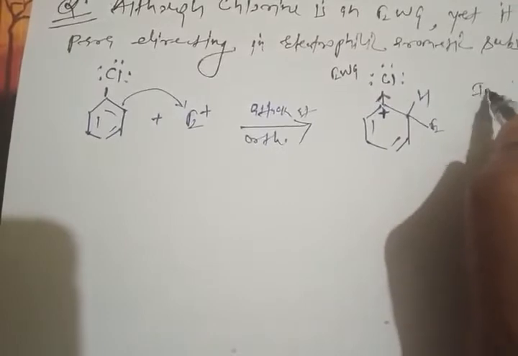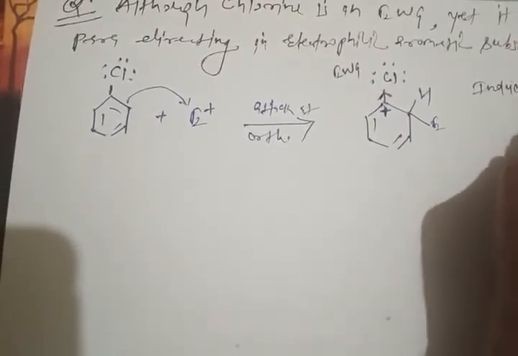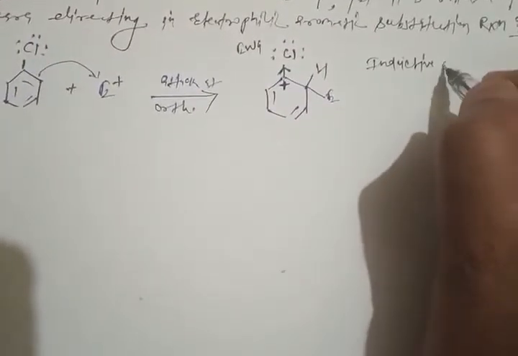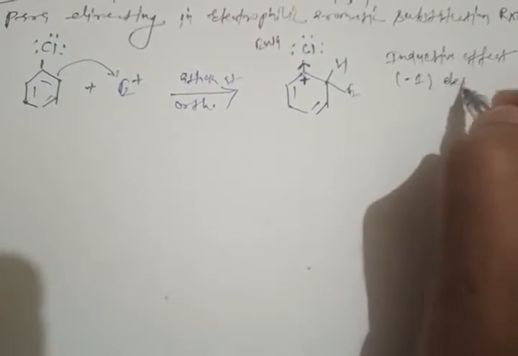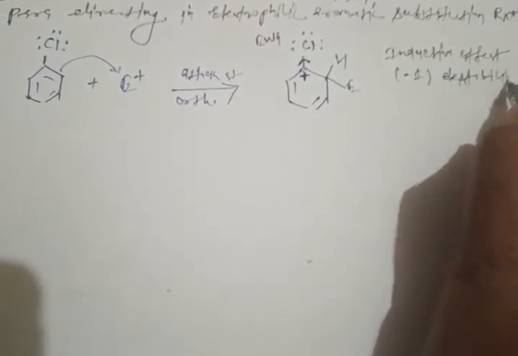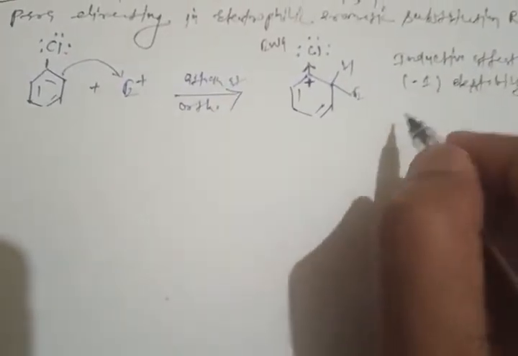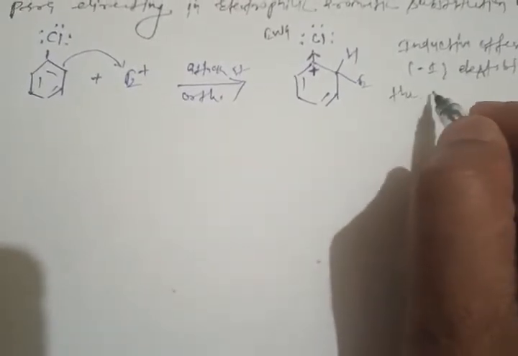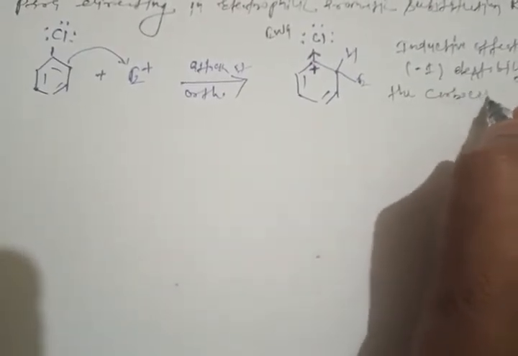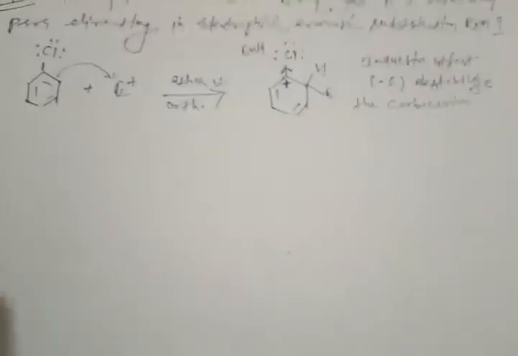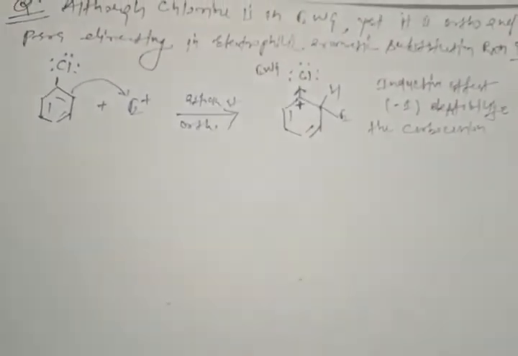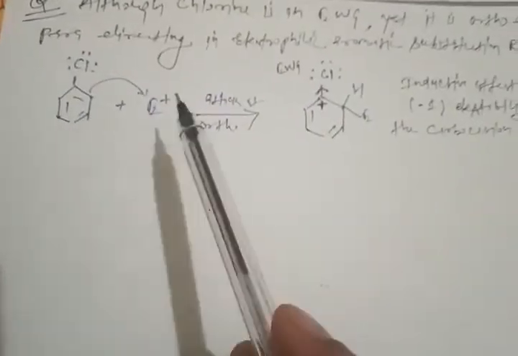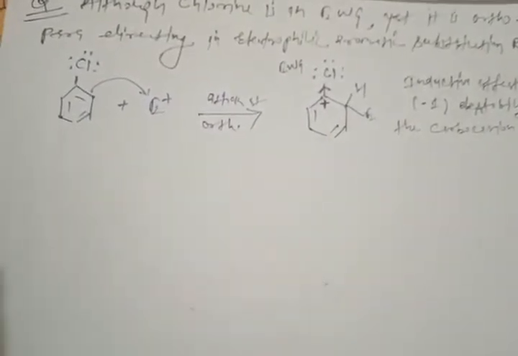The reason is the inductive effect, no doubt, that means minus I. It destabilizes the intermediate carbocation. Similarly, it will go for the para attack in the same way.